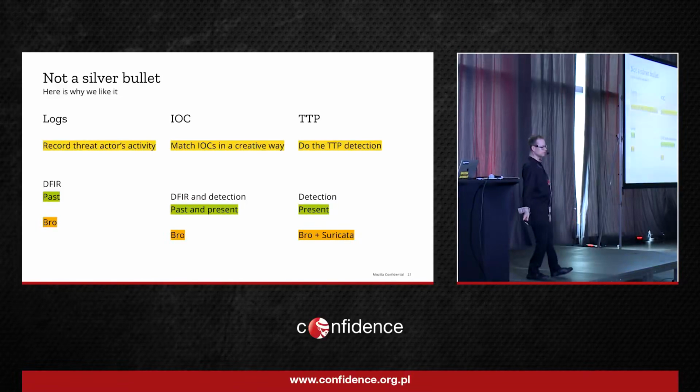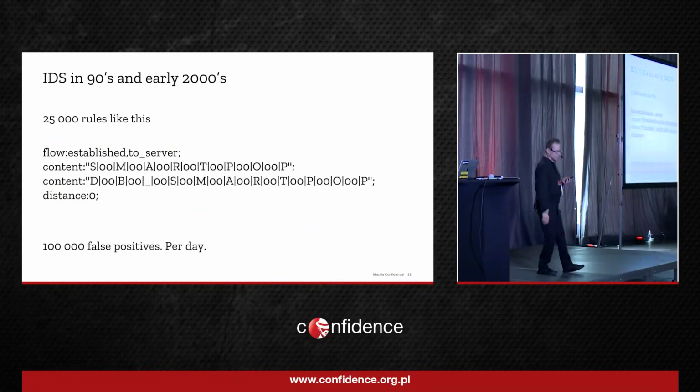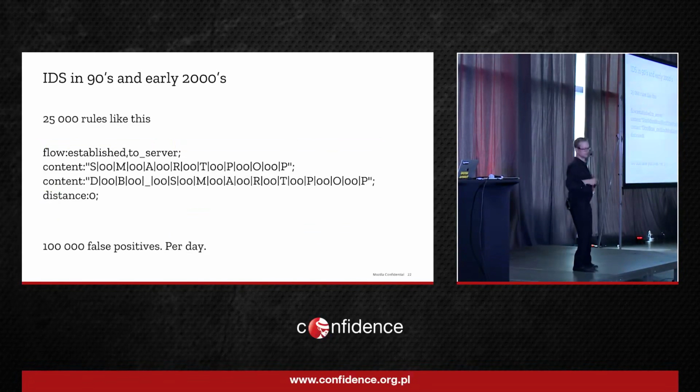And I want to be able to detect TTPs. Everyone is crazy about TTPs right now. Every vendor sells a product for detecting tactics, tools, and procedures of a threat actor. I want to do some of this detection also at the network layer. If you have been in the security industry for a while, you saw the IDS in the 90s.